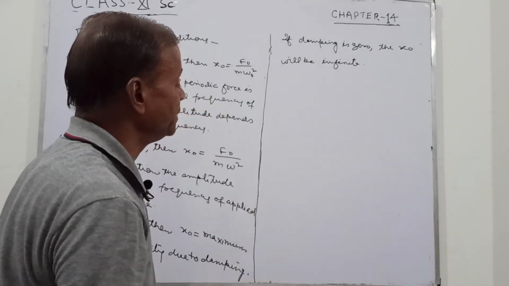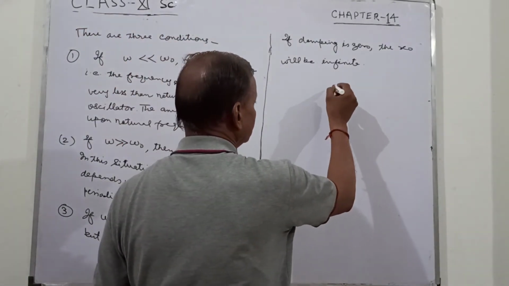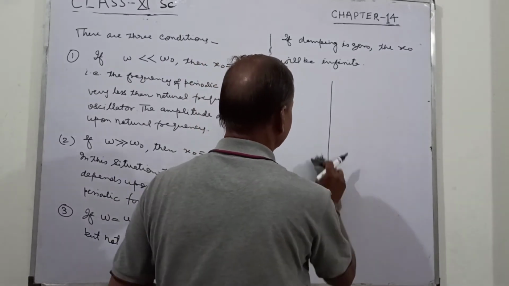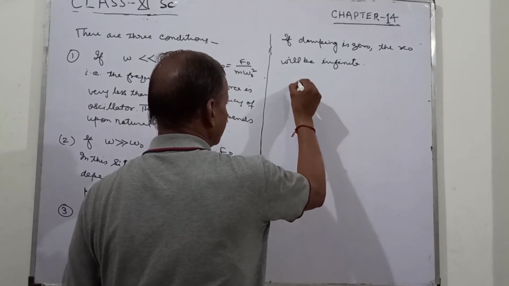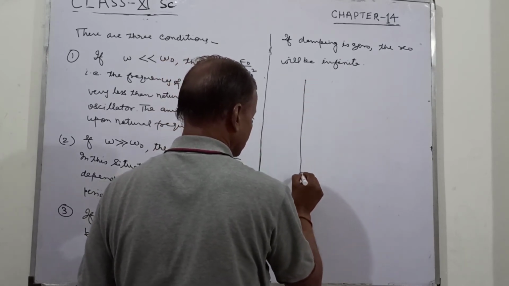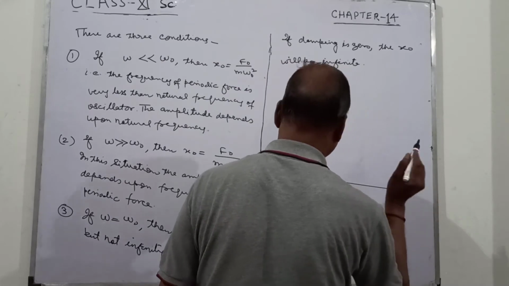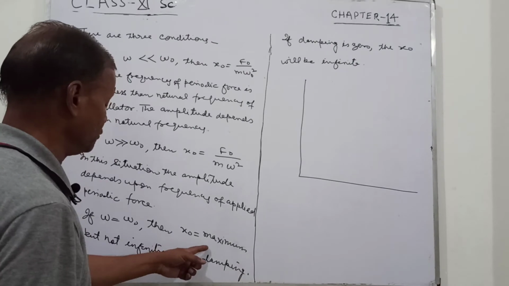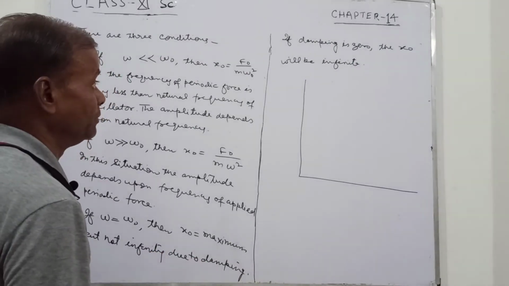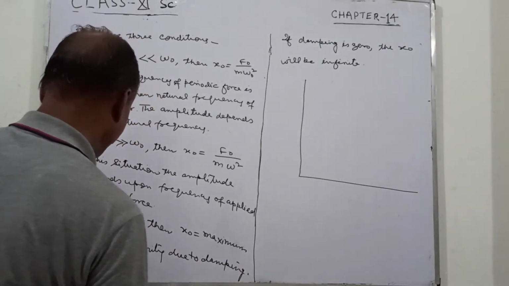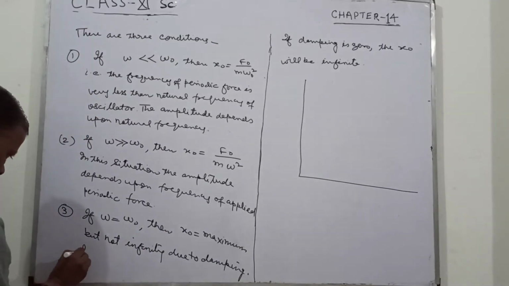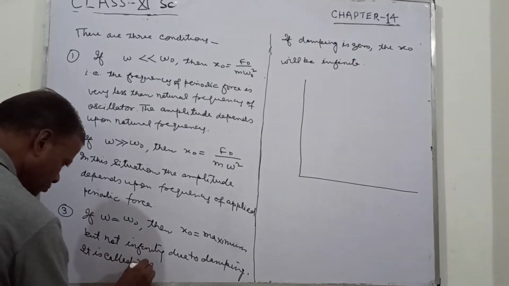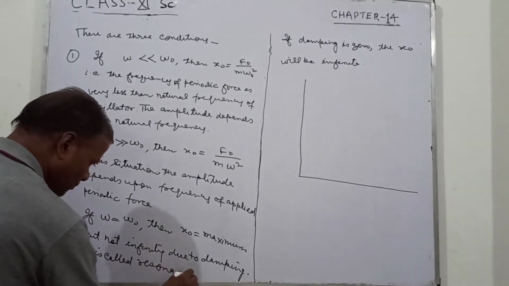So now we can show this by a graph. Now take this condition when omega is equal to omega naught and x is maximum; this is called resonance.